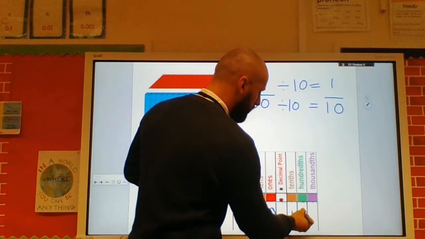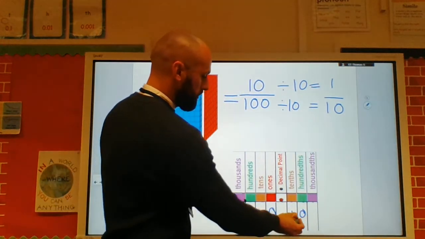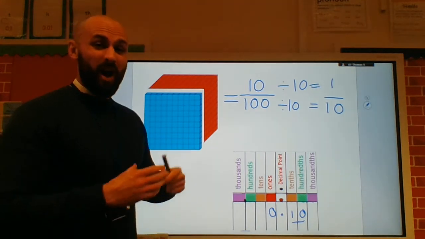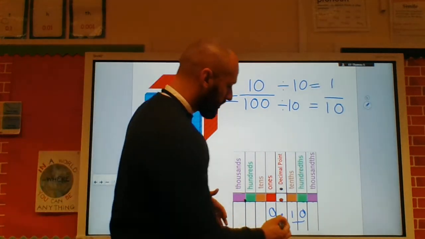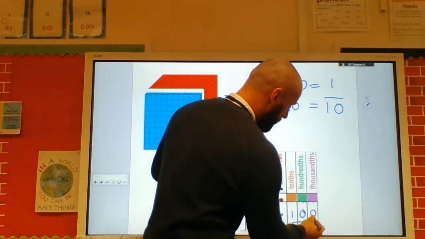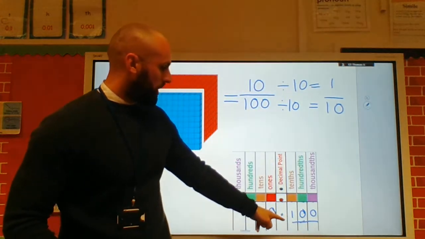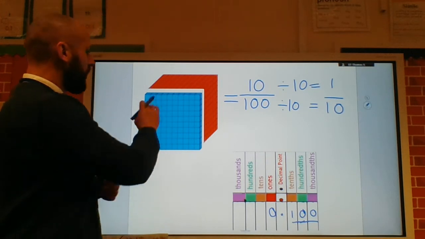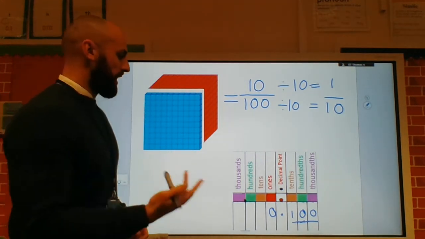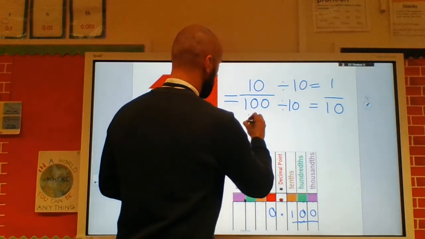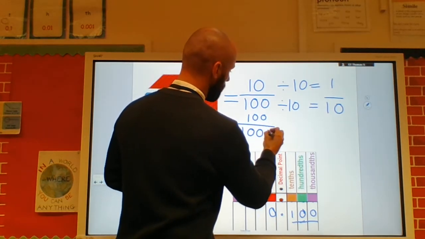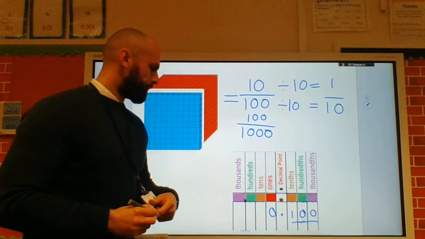But I can also call this 10/100ths. I can also call it something else. Put another 0 in there. It's actually 100,000ths, isn't it? I'd have 100,000ths there. So I could write it as a fraction like that. Okay?